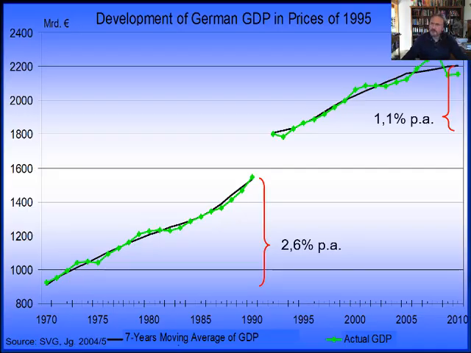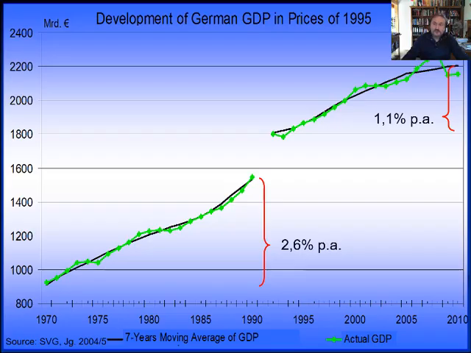What does this imply now for the personal well-being of the people? The following calculation might give you an idea. Under a growth regime with 2.6% GDP growth, real income doubles every 28 years, which means your income doubles 3 times in an average lifetime.